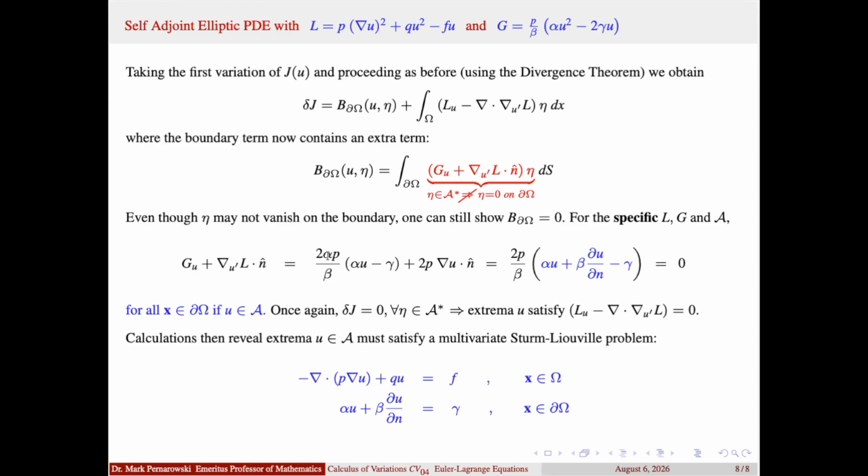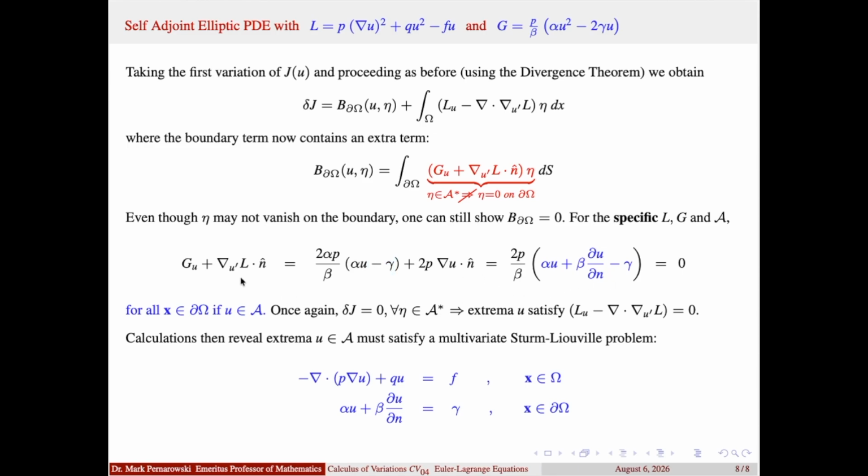this is not supposed to be there. Oops. So that thing right there, that's gone. I'm not going to fix it, but it's corrected here. So this thing does, in fact, equal 2p over beta times alpha u plus beta normal derivative minus gamma. The minus gamma comes from here.